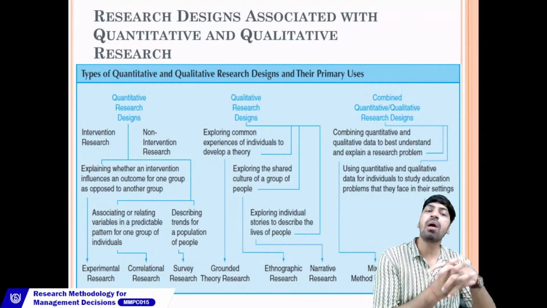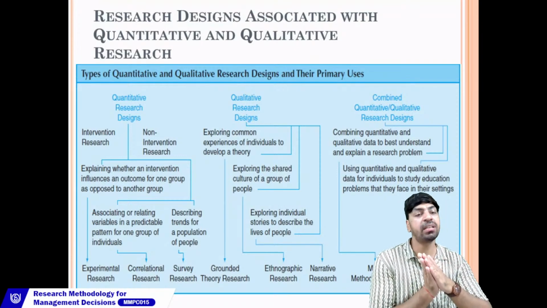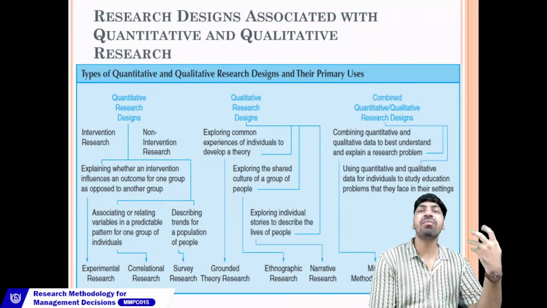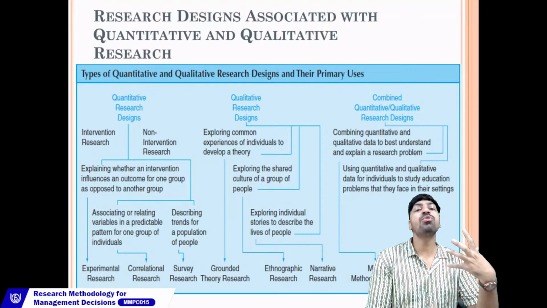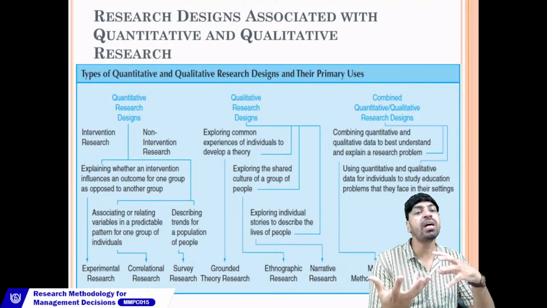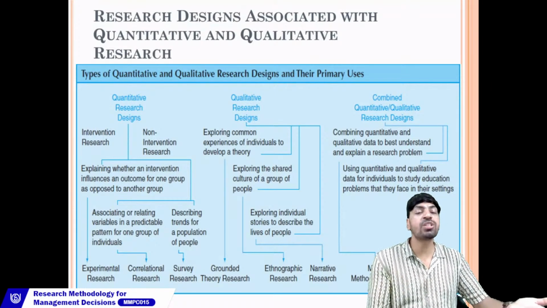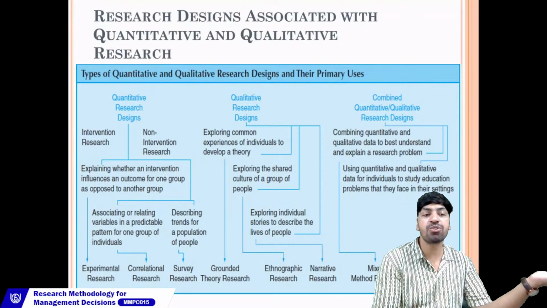When we talk about quantitative research design, it is categorized into two categories. Intervention means the action to improve some diseases, or to improve a rare disease which has occurred in India or some other parts of the country.